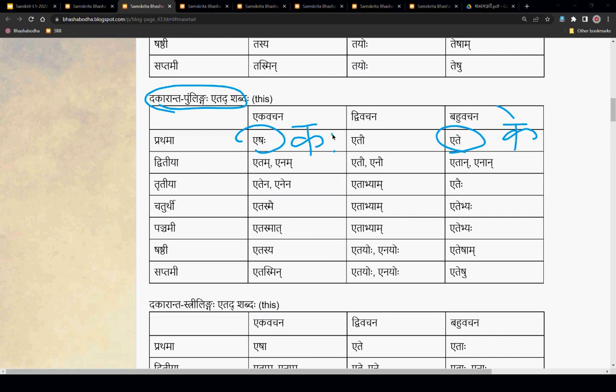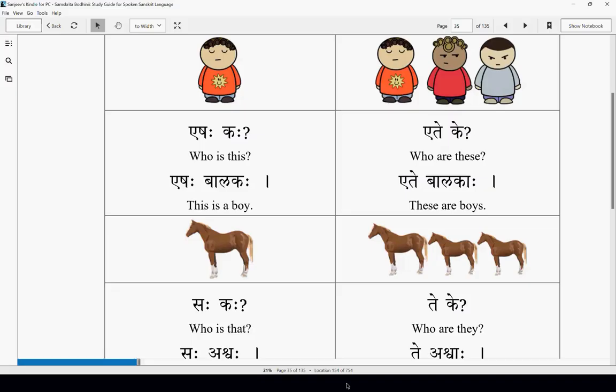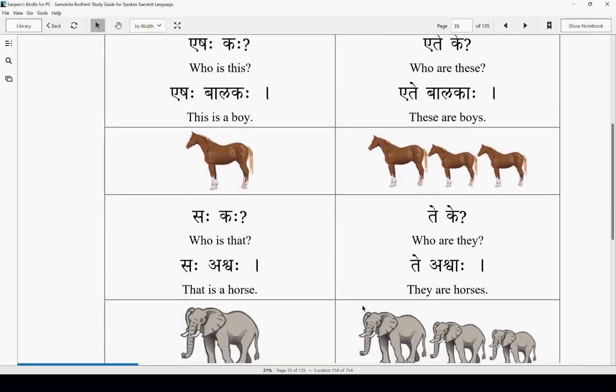They go together. And when in the answer, again we come with Eshaha Balakaha, Ete Balakaha, the Bahuvachana format of that noun. Ete Ashwaha.